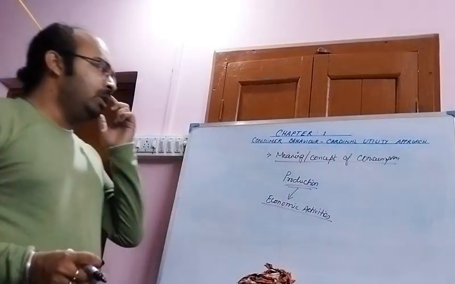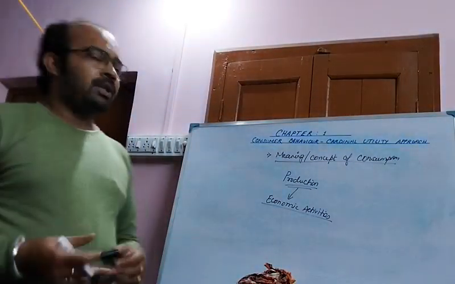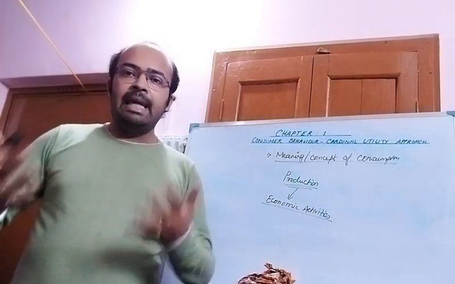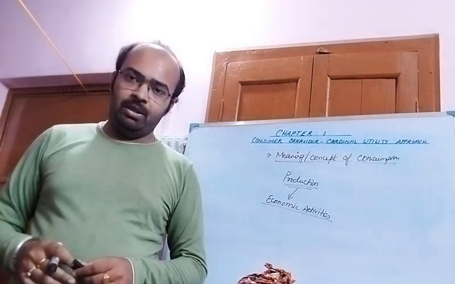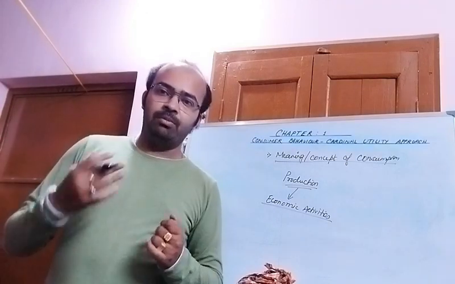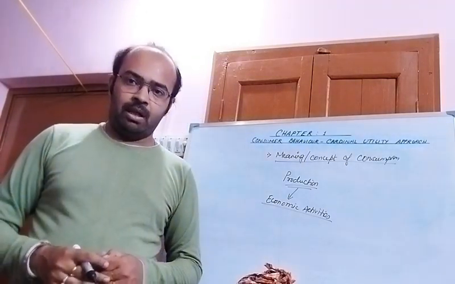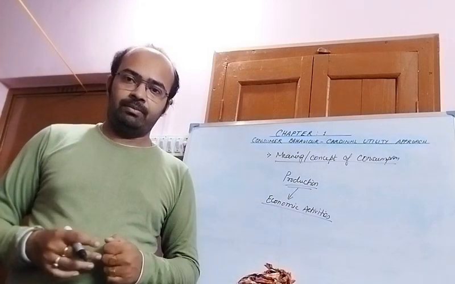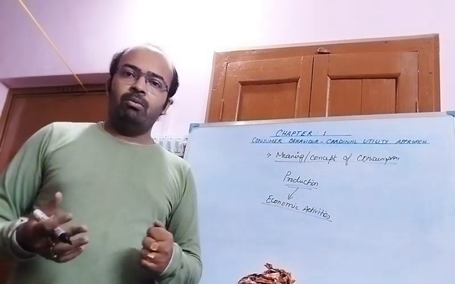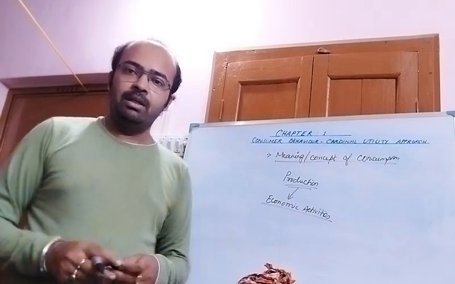Clear? So what is consumption? Consumption is the end of all economic activity. Once the goods and services are produced and available in the market, we purchase them, and after purchasing, we use them.